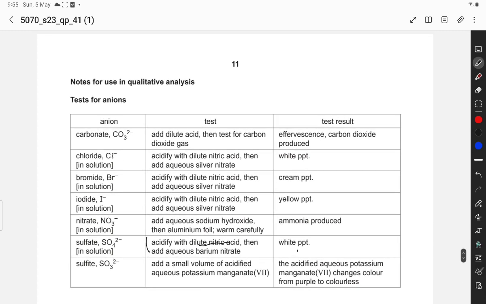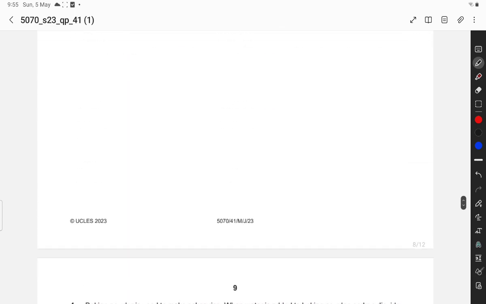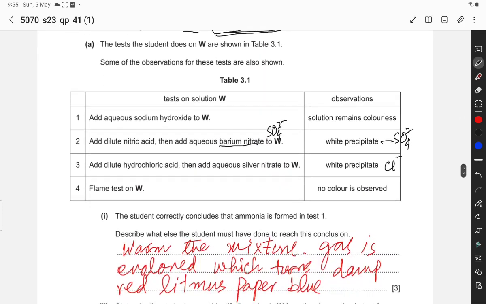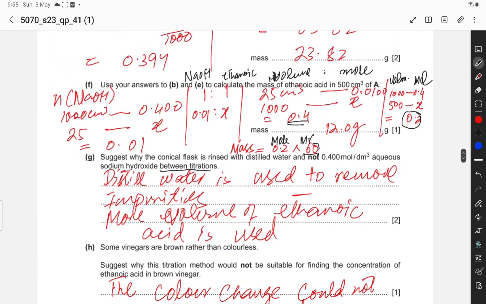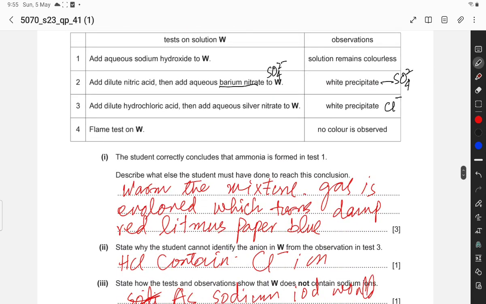And this is the test written for chloride: acidified with nitric acid, then add aqueous silver nitrate. The same tests are written over here with the results. You can confirm with the tests given at the end of the paper. Flame test on W, no color is observed. It means no color is observed in the solution.